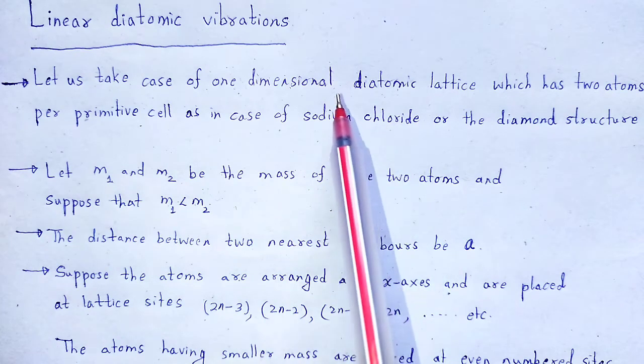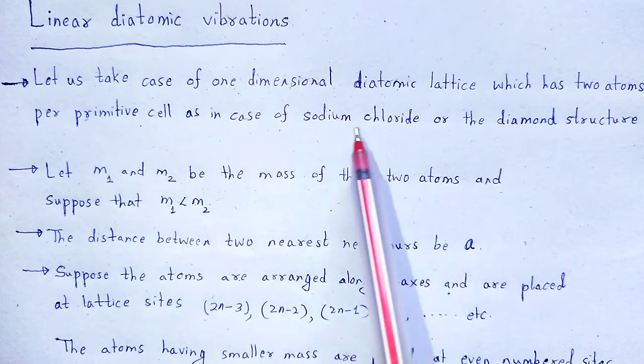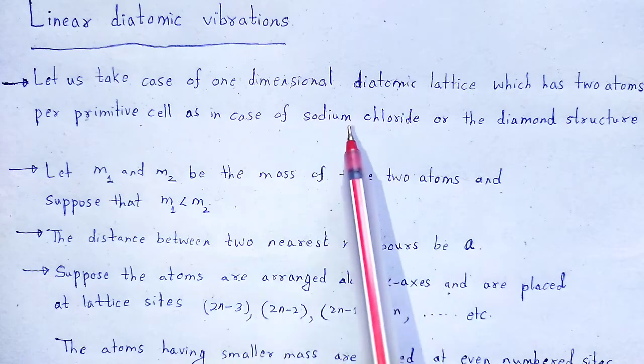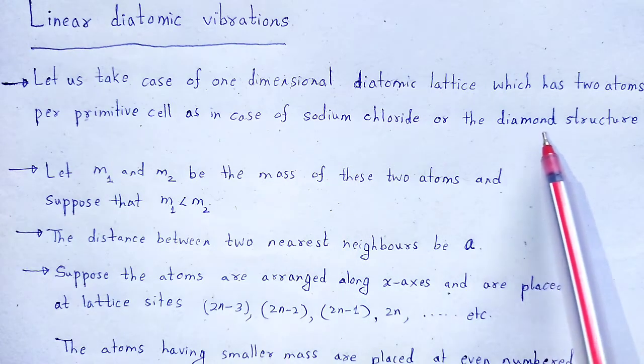Two kinds of atom, one is sodium, another one is chlorine, the combination of sodium chloride, or the diamond structure.